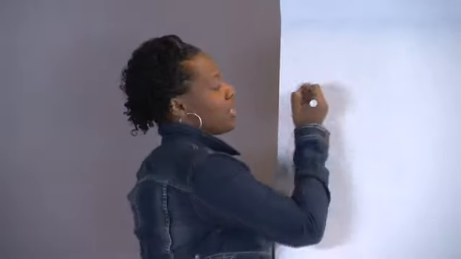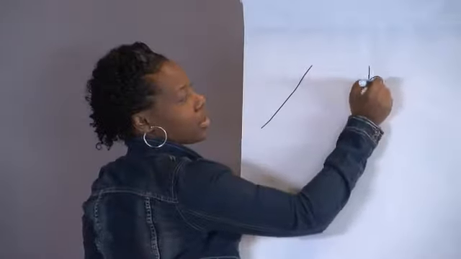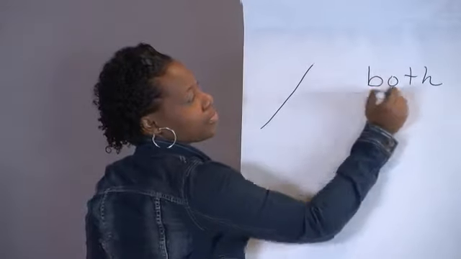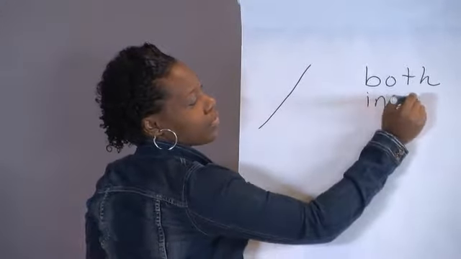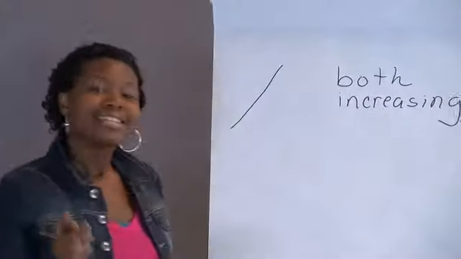Here's the first thing. Sometimes we know that a graph may go upward, okay? If the graph is going upward, remember that whatever two things you're talking about, they're both increasing. So I'm going to put both increasing. Okay?